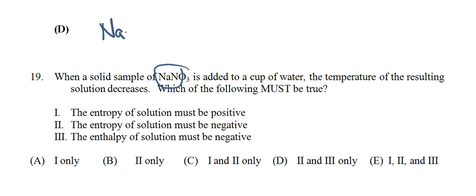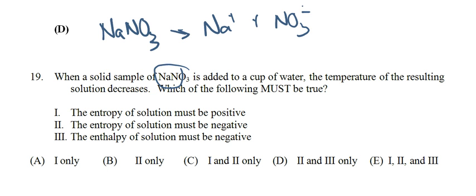So when we place sodium nitrate in water, it will break apart into sodium ions and nitrate ions. What is that saying about the entropy of this solution? Is it increasing or decreasing? It's increasing. It's going from 1 to 2. So my delta S is a positive value. Okay, so it's increasing or it's positive. So we know that that's true.